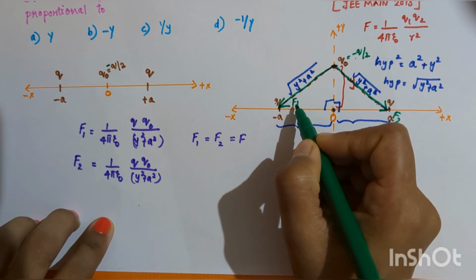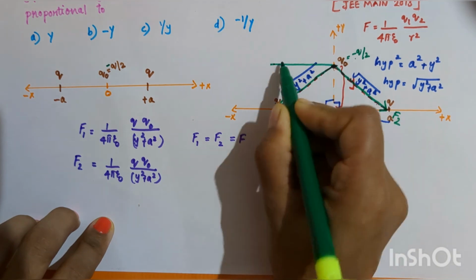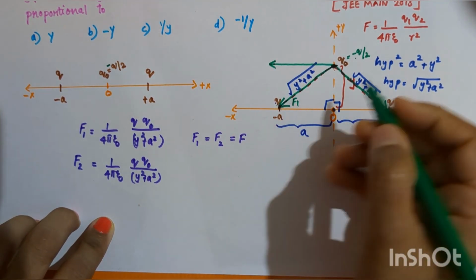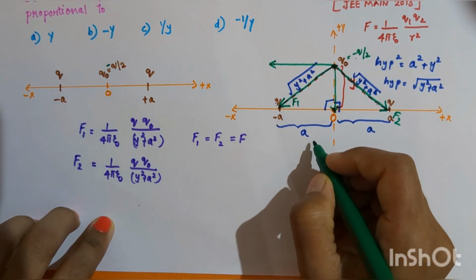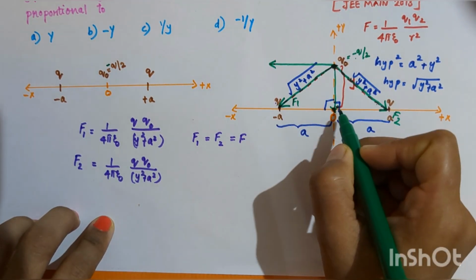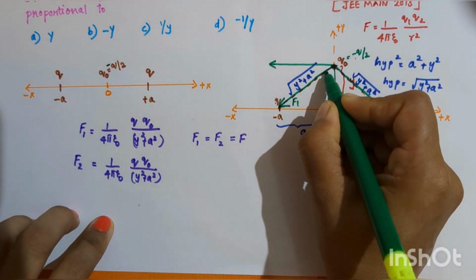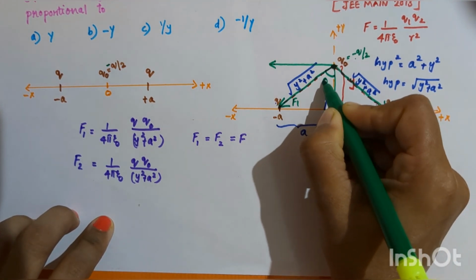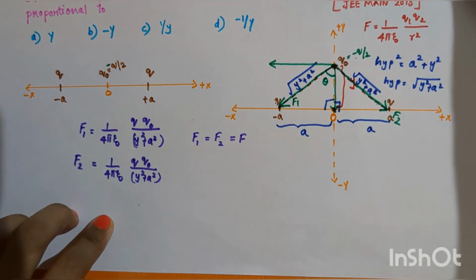This force F1 will have one horizontal component and one vertical component. What about the horizontal component and the vertical component? See, I am just taking this angle as theta.